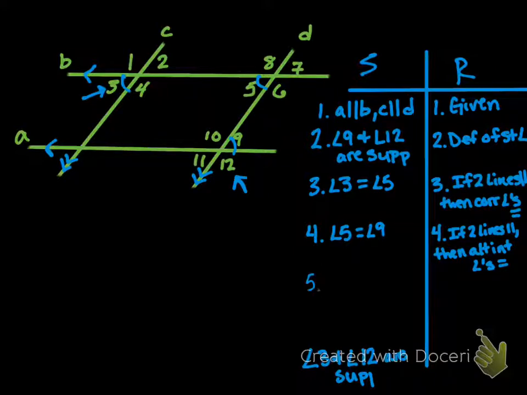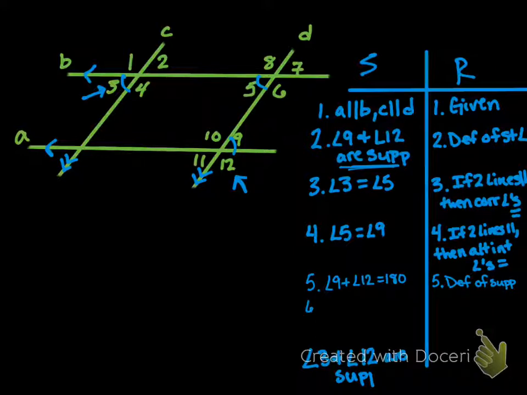Remember, you can only substitute into an equation. So angle 9 plus angle 12 equals 180 degrees. Okay, reason for that, definition of supplementary. And we get that from that second step up there.